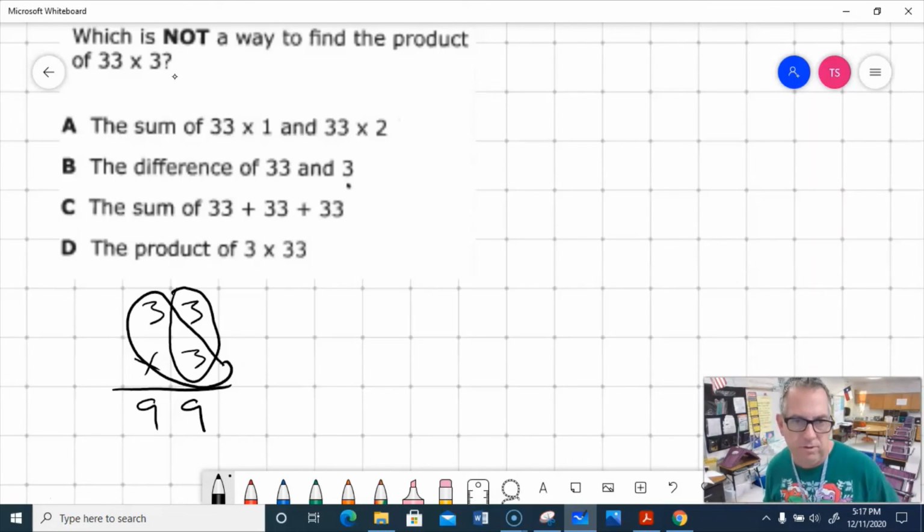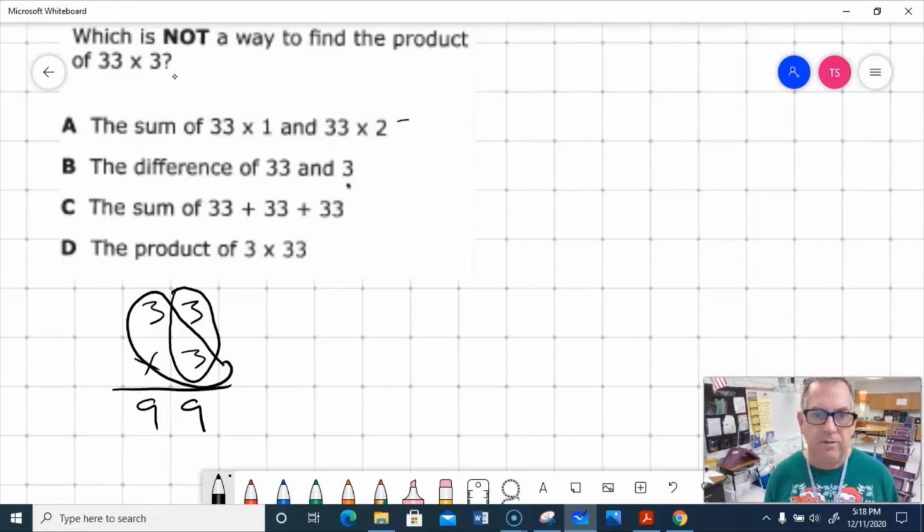We'll go ahead and check our answer choices and see which ones equal 99, and those will be the ways to do it. And there should be one way not to get 99. So answer choice A. Okay, the sum of 33 times 1 and 33 times 2. Okay, we'll check that and see if it's right.